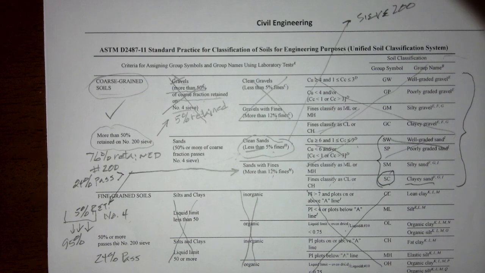But we didn't have more than 50% of the coarse fraction retained. We only retained 5%, so that immediately ruled us out of the gravels, period. We went over here, and the gravels, again, less than 5% fines.